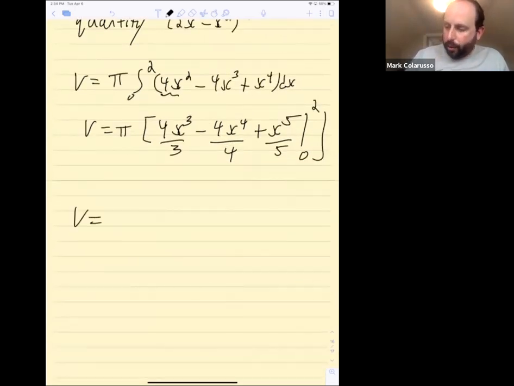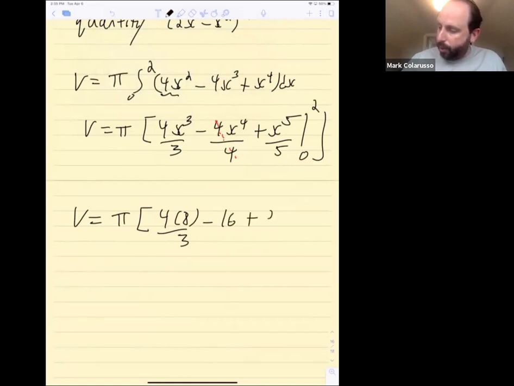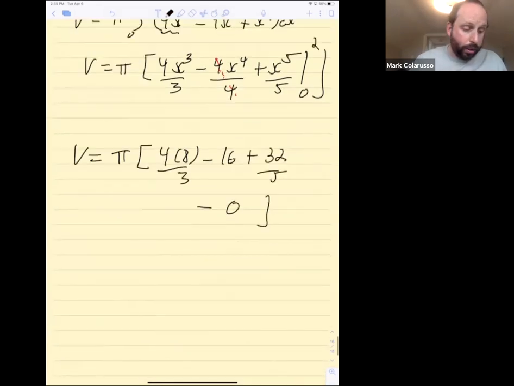This is kind of annoying, you need a calculator, but 4 times 2 cubed is 32 over 3. The 4's here actually cancel, and you get 2 to the 4th, which is 16. And then 2 to the 5th is 32 over 5. And the bottom limit turns out to be 0.